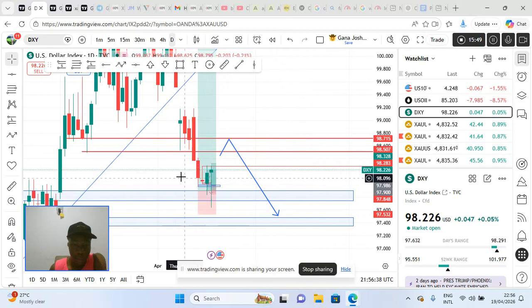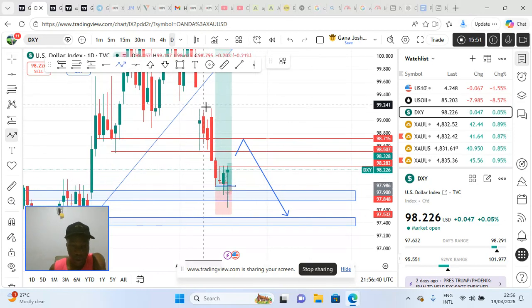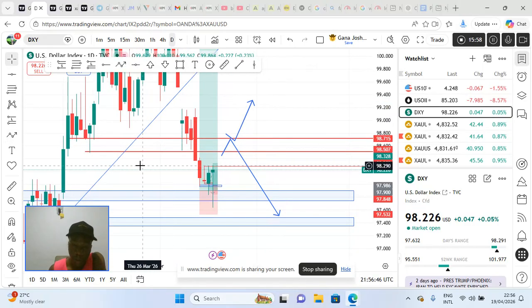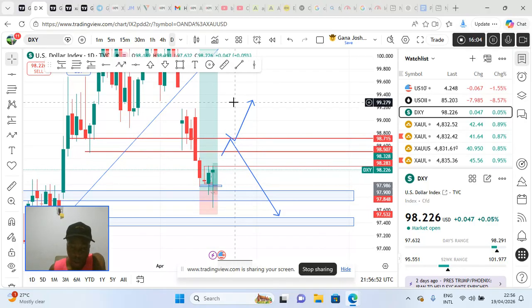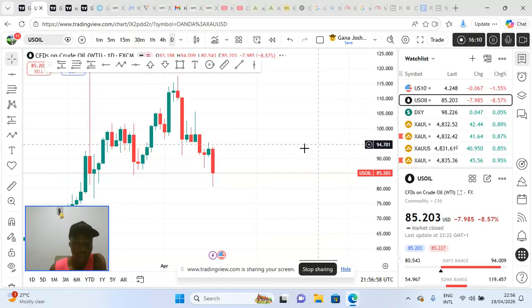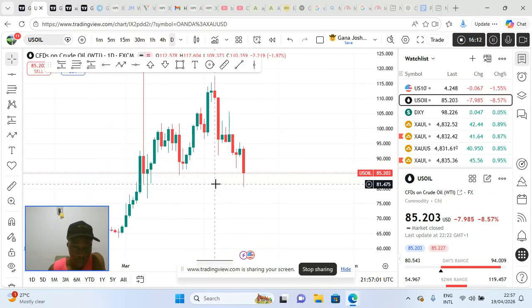Else, if this doesn't happen, either of the two. That's the good thing about support and resistance. You don't need to be worked up. If it doesn't come as expected, it goes fine. You don't wait for the retracement. That's why support and resistance is the best model to trade. It is simple and not hard.